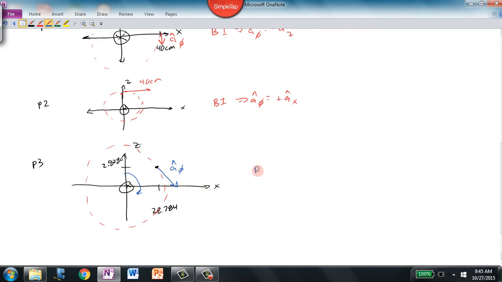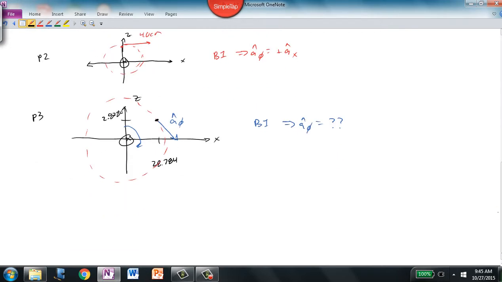So I would say by inspection, A hat phi is equal to, well, I have no idea. I can't figure that out by inspection like I did in the last two examples.